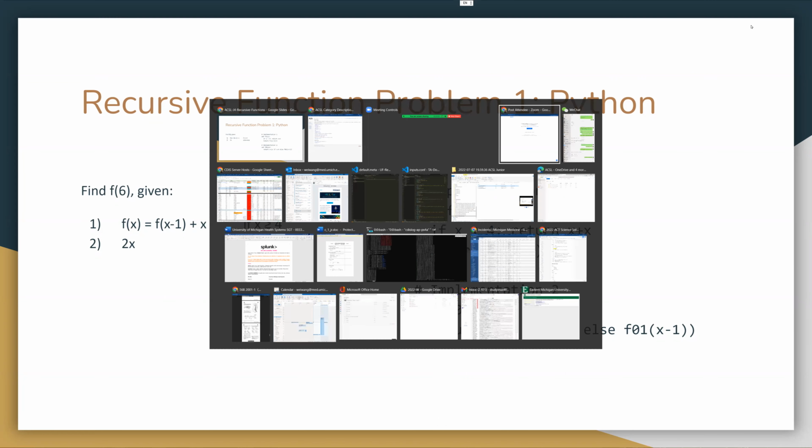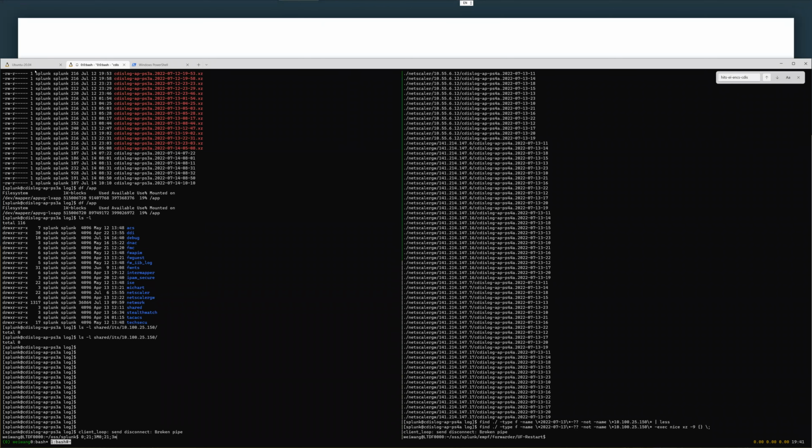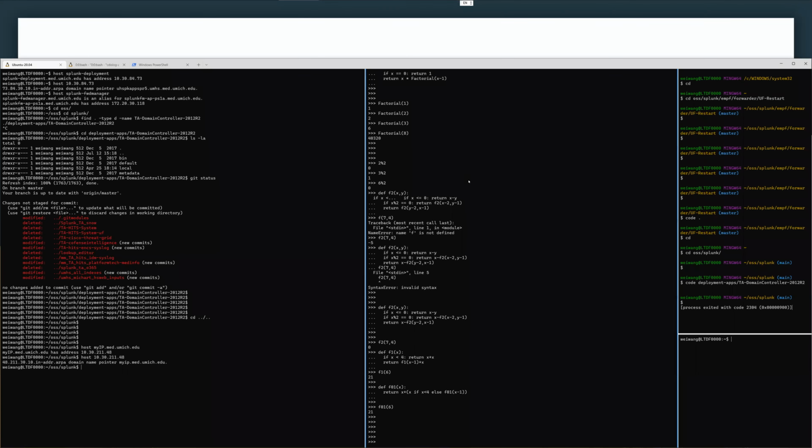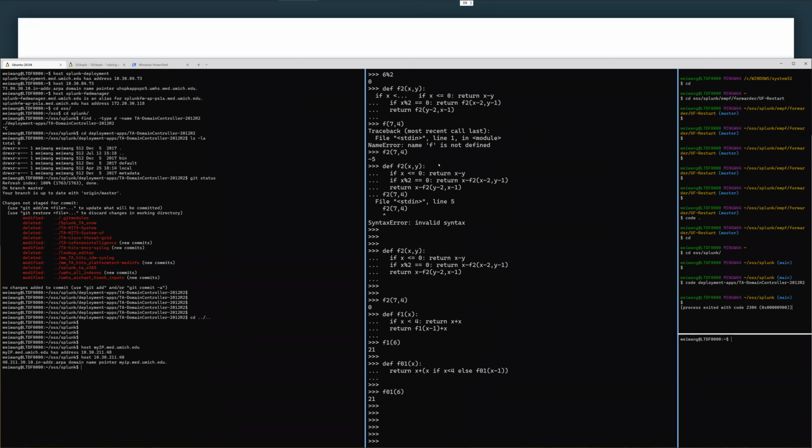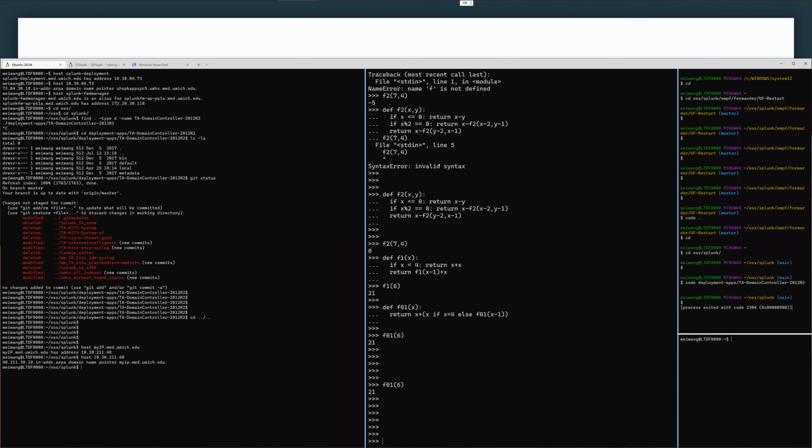I think I still have that. In here, this is where I had that function defined.